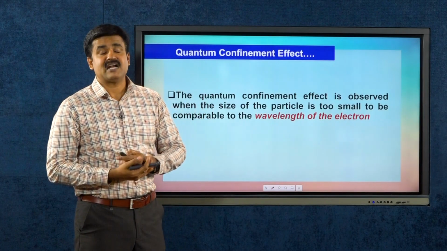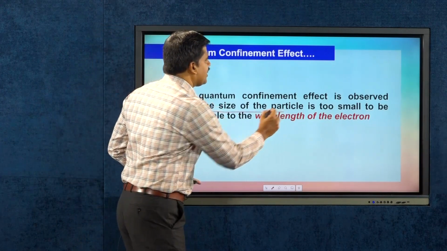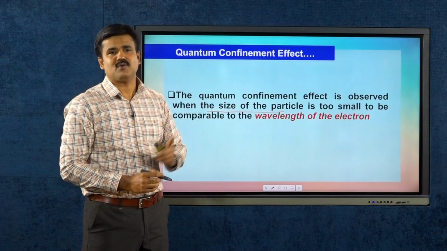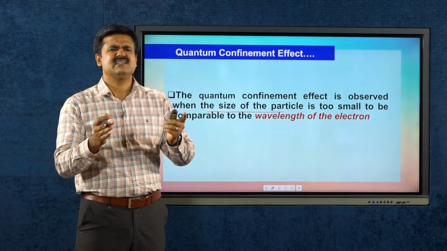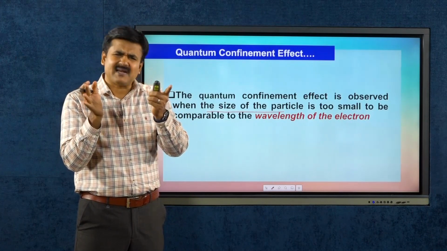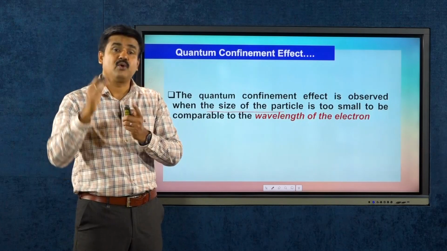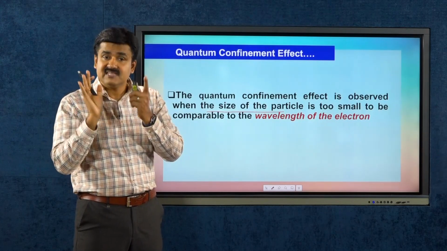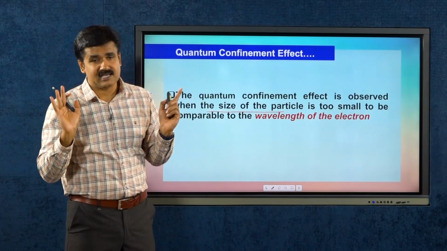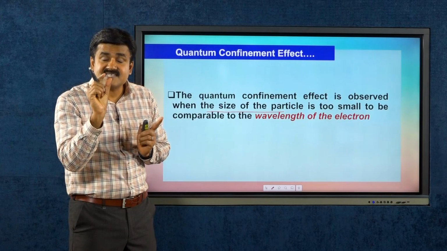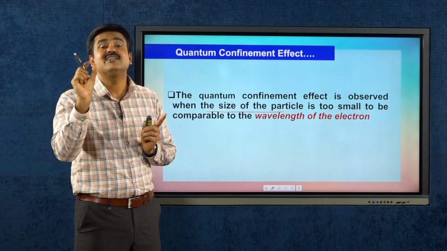The quantum confinement effect is observed when the size of the particle is too small, comparable with the wavelength of the electron. That is, whenever you are reducing the particle size either in x direction, y direction or z direction or in all the directions, then the quantum confinement effect is reflected if and only if the size is reduced to such an extent in the range of the wavelength of the electron.